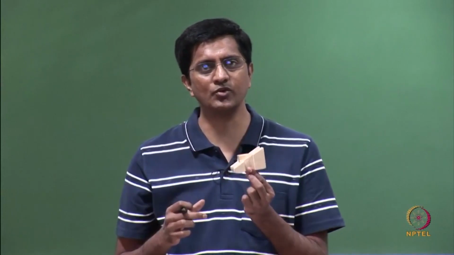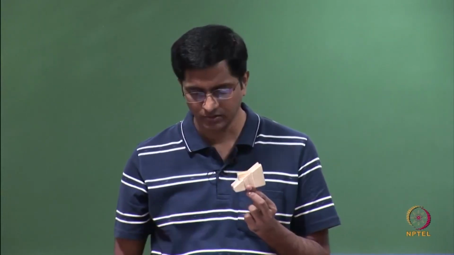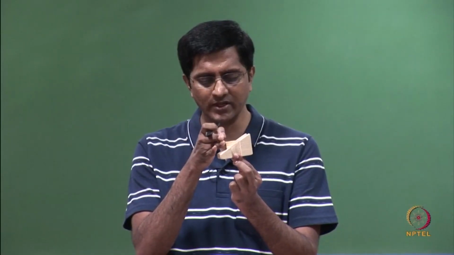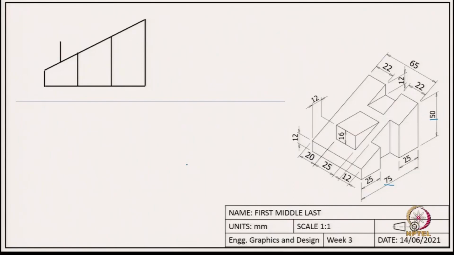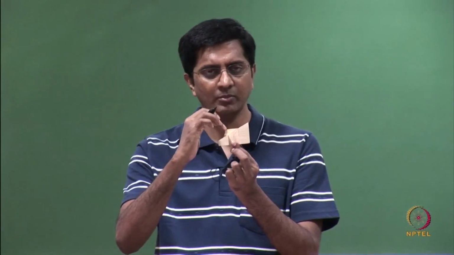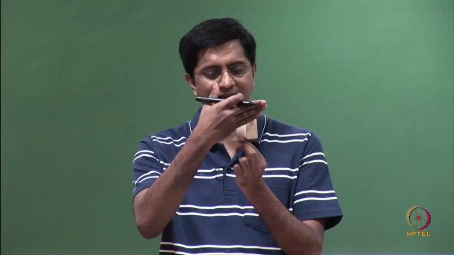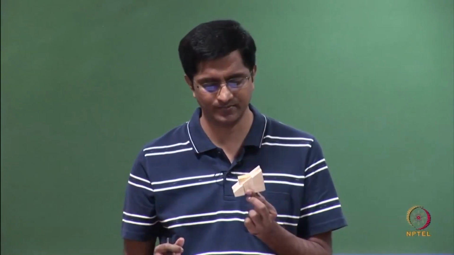What information do we know about this triangle? We know that the height of this edge is 16, and the other information we know is this vertical plane is at a distance of 12 from this vertical plane. So, we capture this distance 16, and then the horizontal surface. We do not know the length of this horizontal line, but if we draw a horizontal line, wherever it intersects this inclined plane, that is where it ends.